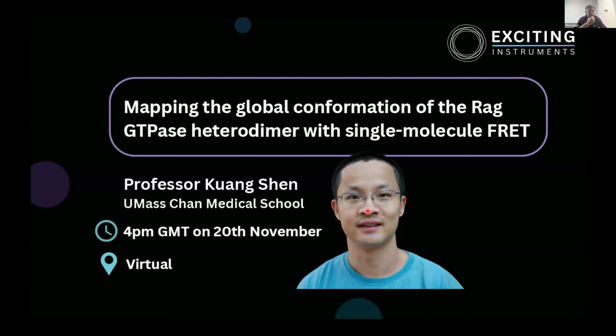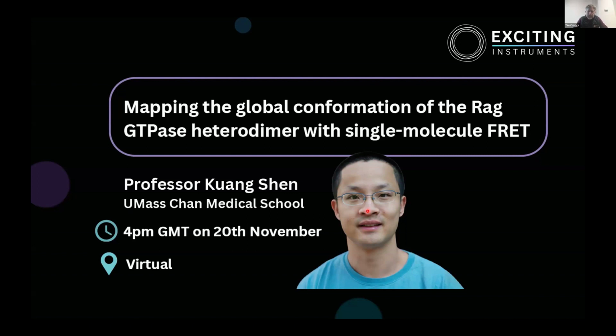Quang received his bachelor's from the University of Science and Technology in China, and then went on to get a PhD in chemical engineering at Caltech before a couple of different postdoc positions, and then starting his lab at UMass Chan.